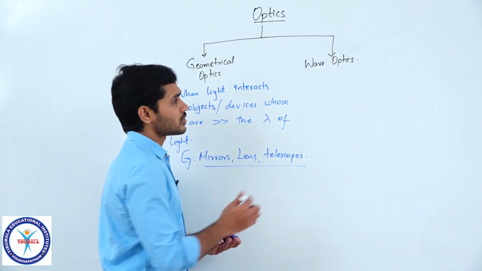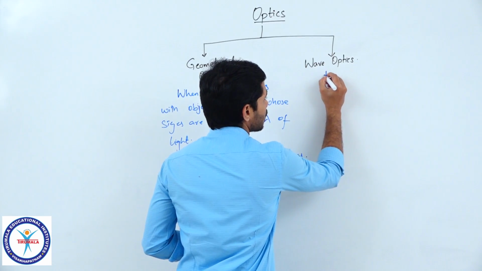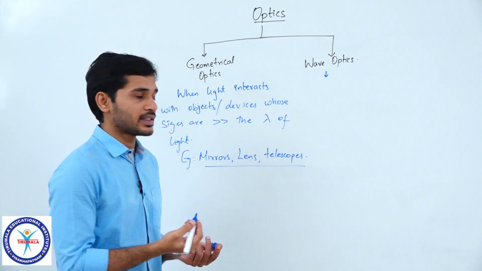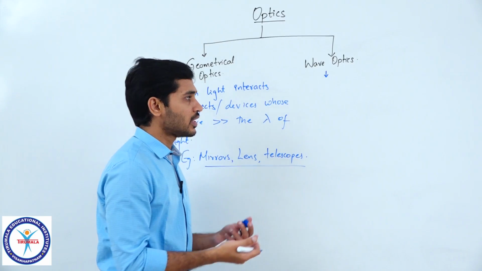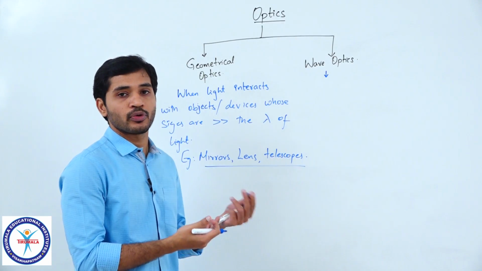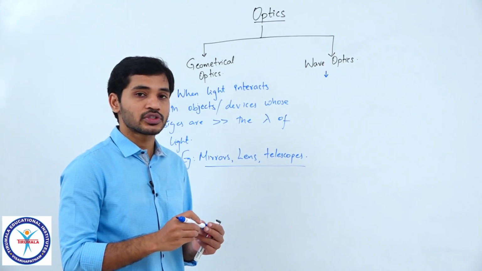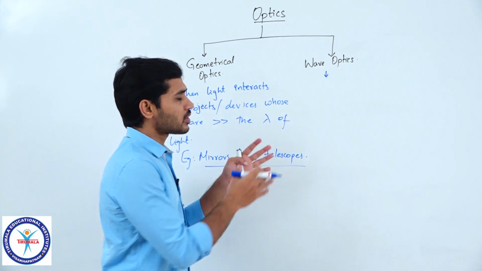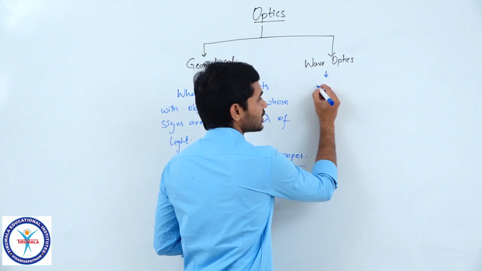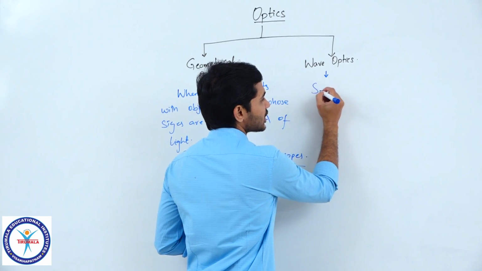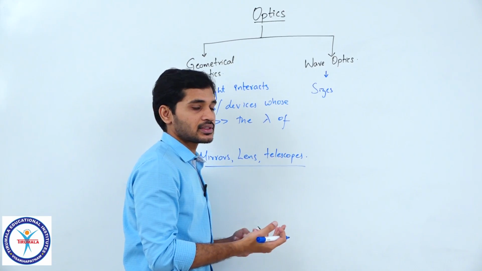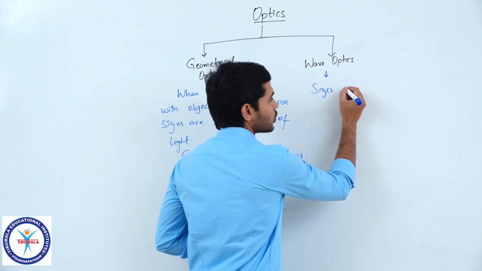In the same manner we can talk about wave optics. Wave optics is the method we use to analyze some different properties of light like interference and polarization. These are properties which can be explained only by using wave optics. Apart from that, one major thing here is that in such an analysis the sizes of the equipment, the devices, the experimental apparatus, would be comparable.